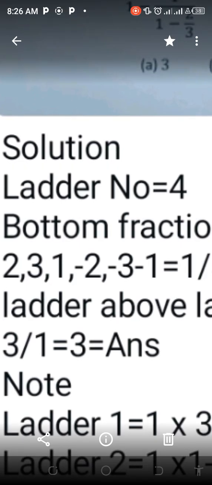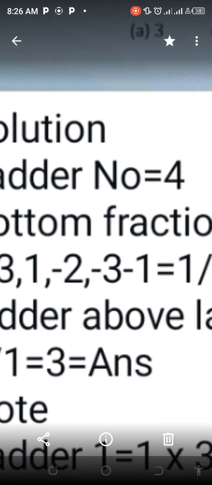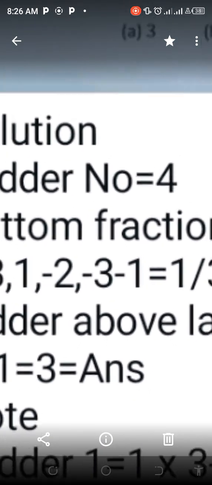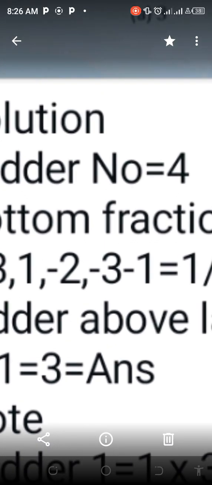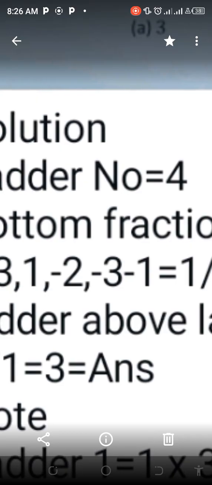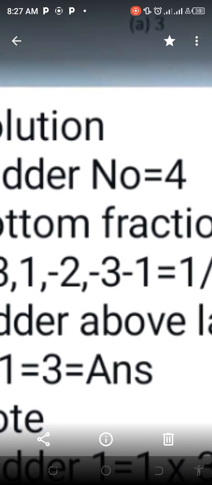Then the next value is 1 minus 3. 1 minus 3 is equal to minus 2. The next value is minus 2 minus 1. Minus 2 minus 1 is equal to minus 3. Then the next value is minus 3 minus, open bracket, minus 2.